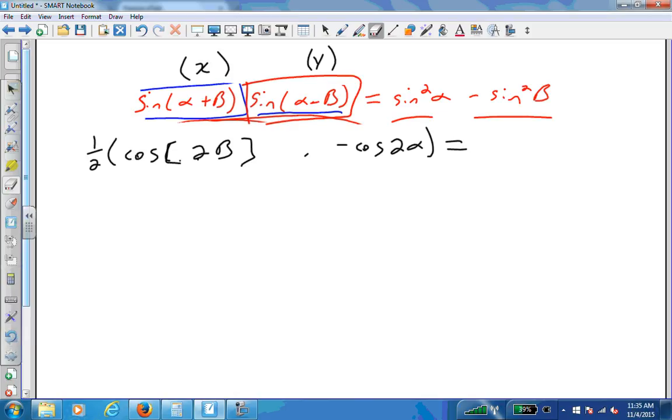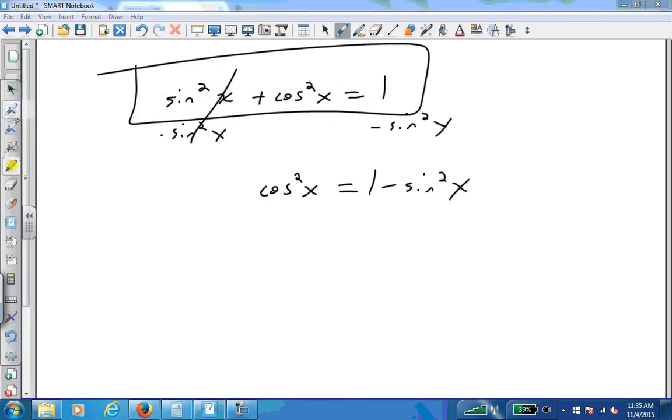Do we have cosines on the other side? We don't. We also don't have 2 alphas or 2 betas on the other side as our angle. We have 1 alpha and 1 beta. So anytime we have cosine of twice an angle, keep in mind that's a double angle identity. We have cosine squared minus sine squared.